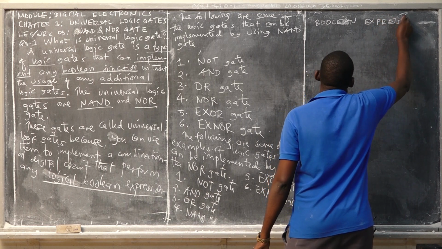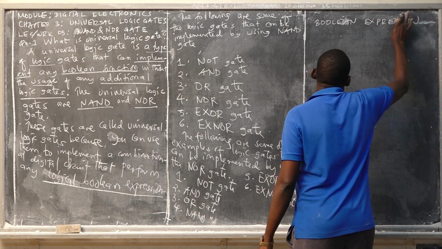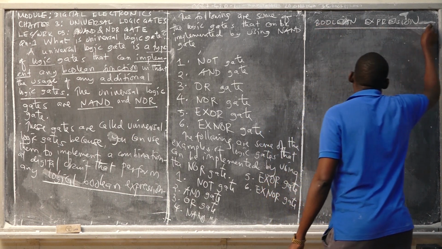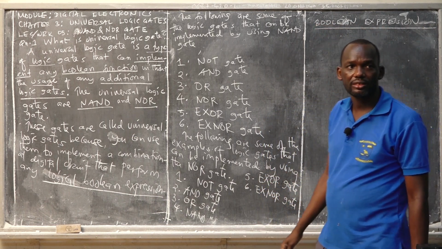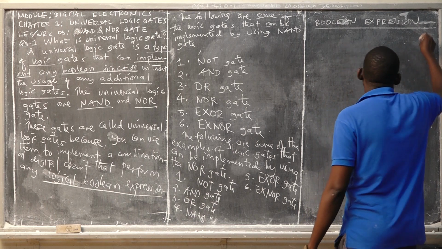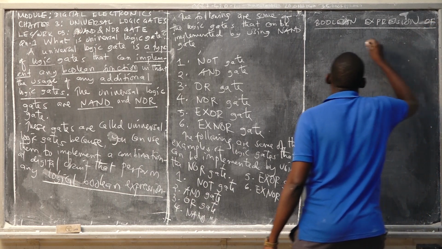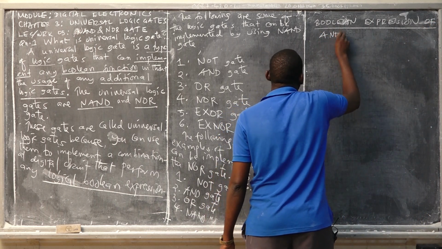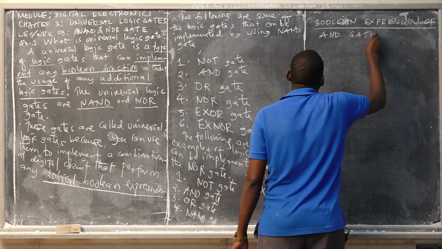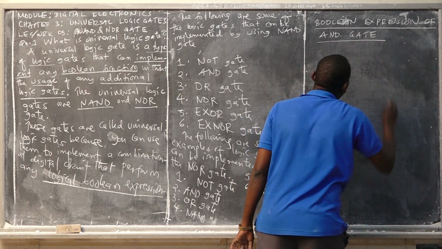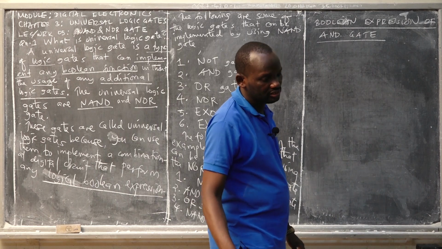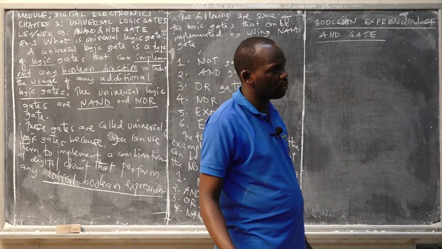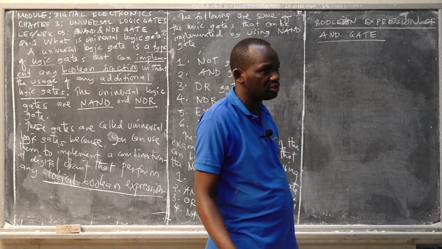We just discussed the Boolean expression of NOT gate. We didn't discuss Boolean expressions of other logic gates. So the Boolean expression of AND gate. These are simple concepts, especially the concept about Boolean expression.